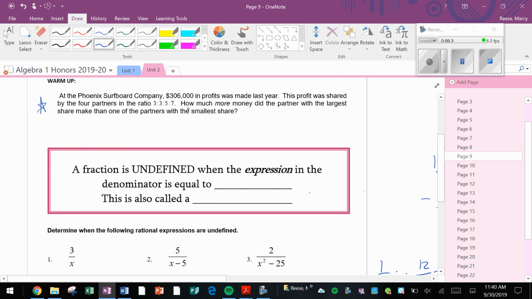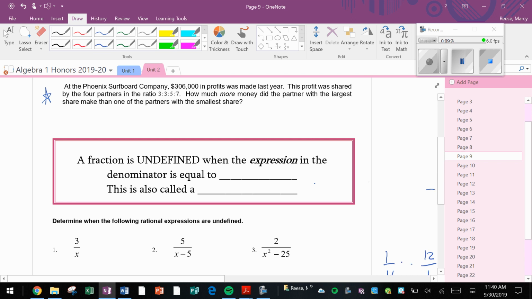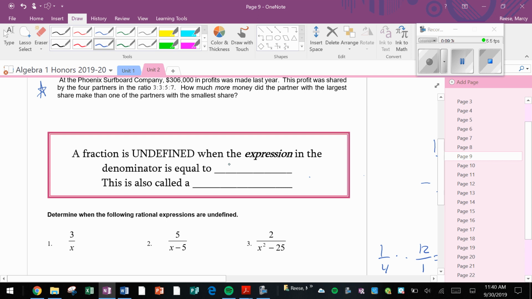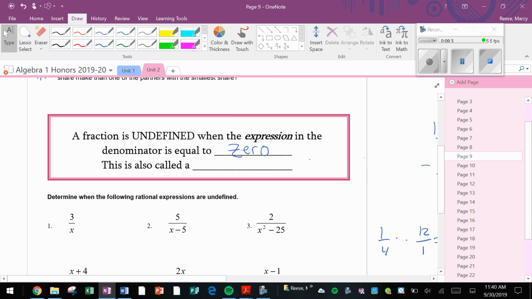All right. So a fraction is undefined when the expression in the denominator is equal to 0. I had said this in class really quick, but I'm going to redo it so that you have it in your notes and it's right, because I know some of you were packing up. This is also called a restricted domain.